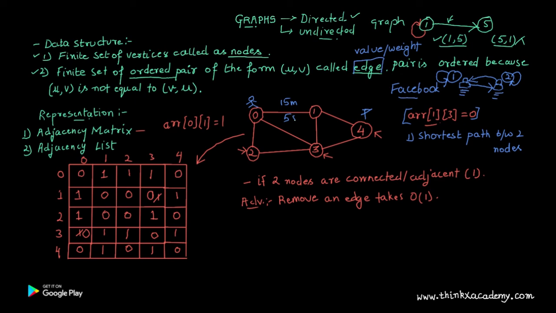So I can also mark it as 5 seconds, which will be the weight or the value of the edge. This is also useful if you want to find the shortest path, and we are going to study Dijkstra's shortest path algorithm later on, which is very useful in a lot of applications.